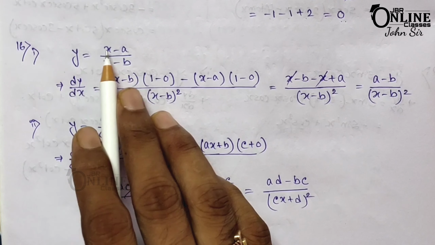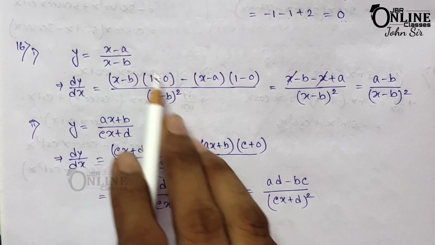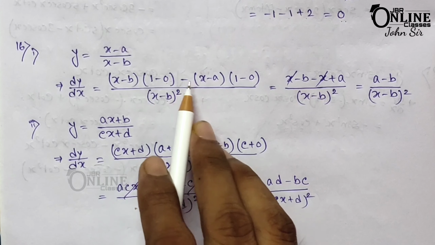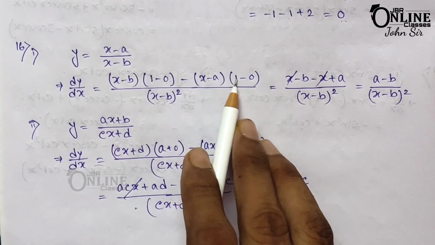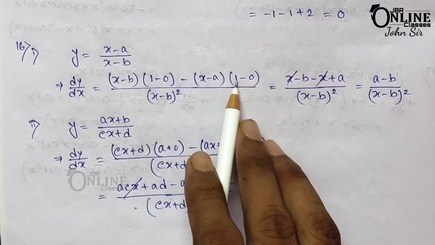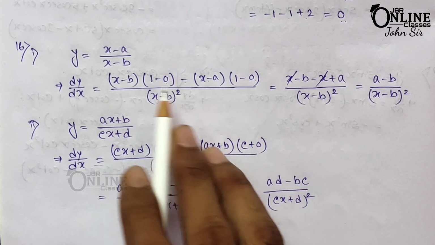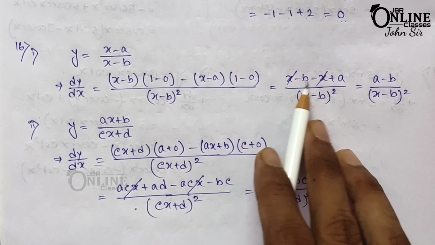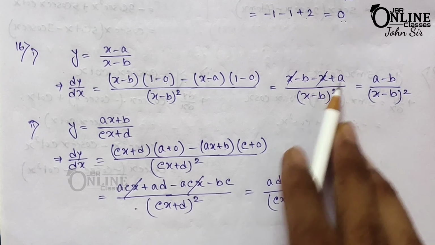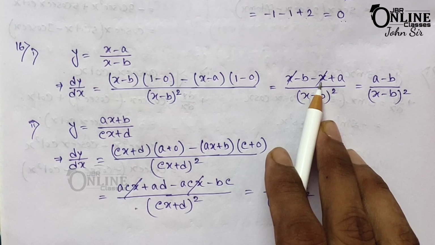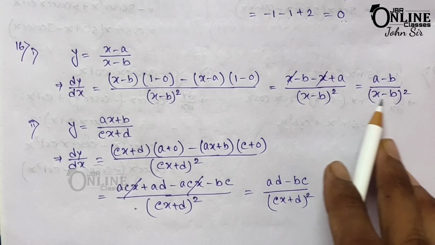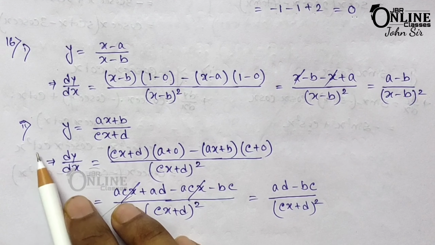So here derivative of upper one, x is 1 and a is 0. So 1 minus 0, then minus u into the derivative of the lower one. So it will be 1 minus 0. Clear? So the upper one will be x minus b minus x plus a by x minus b whole square. So here x cancel out, then a minus b by x minus b whole square.